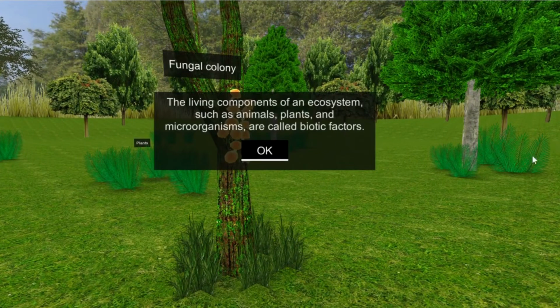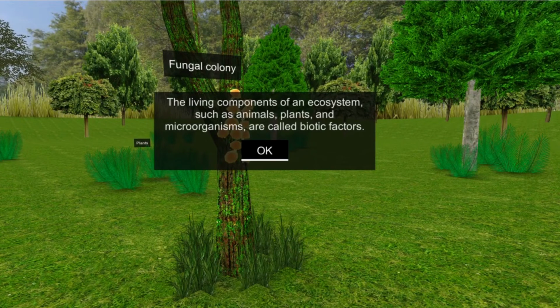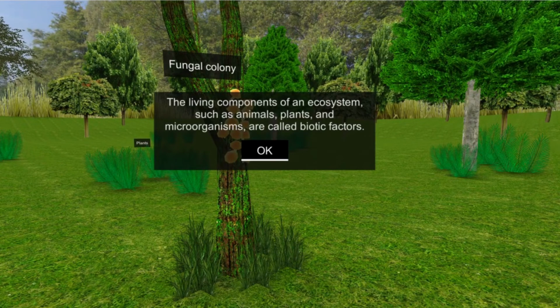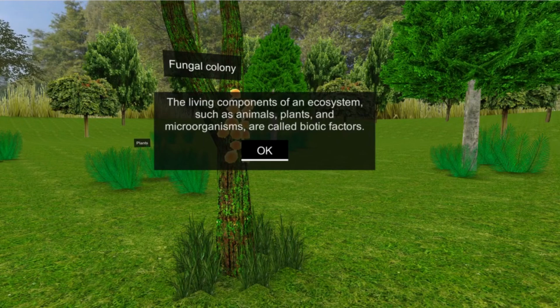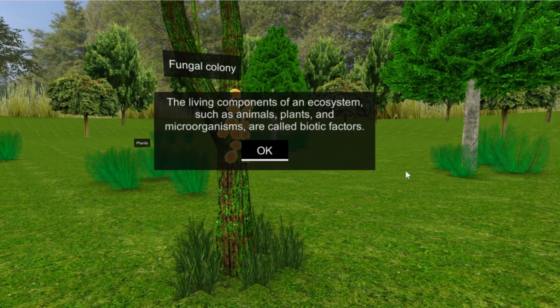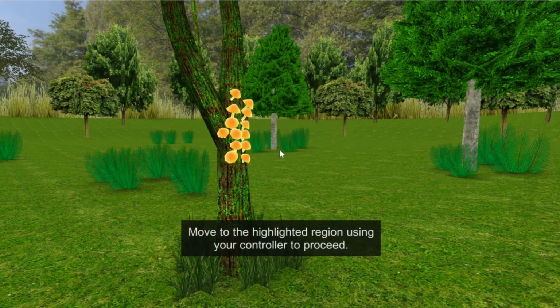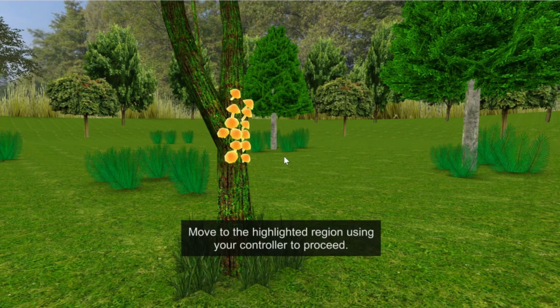The living components of an ecosystem, such as animals, plants, and microorganisms, are called biotic factors. Move to the highlighted region using your controller to proceed.